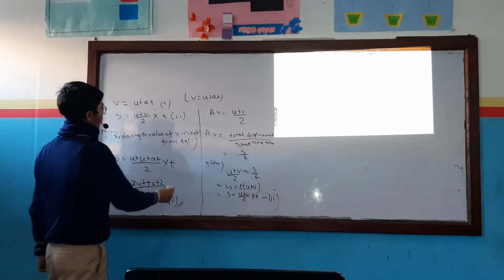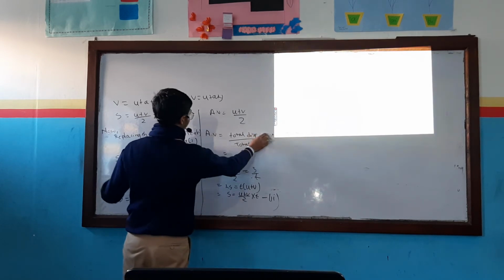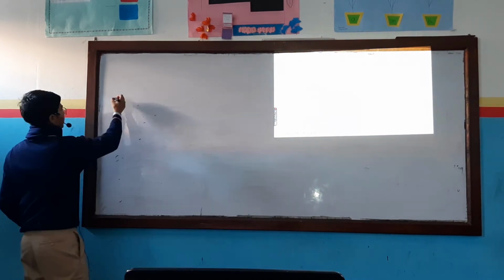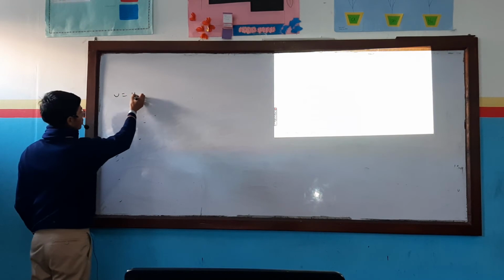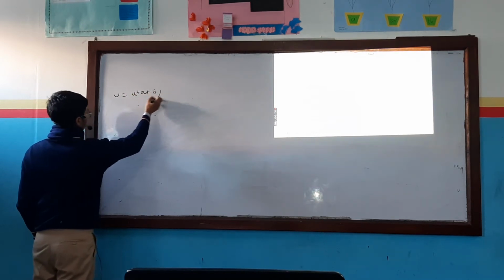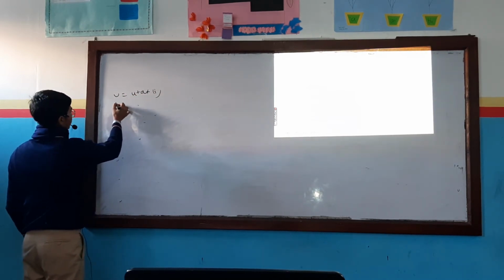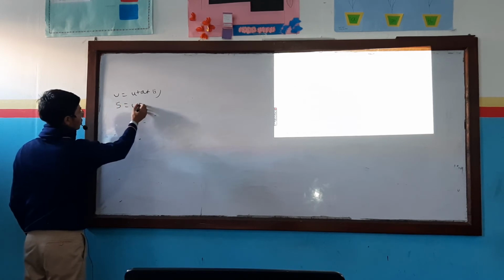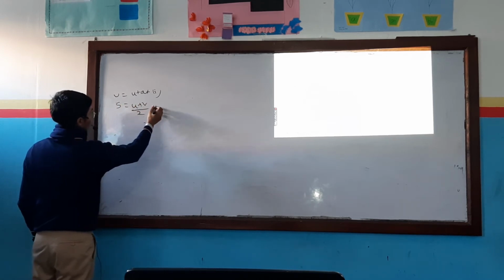Likewise, the fourth equation of motion is also derived from the second and the third one. From the first equation, v is equal to u plus at. This is equation first, and the equation second, s is equal to (u + v)/2 into t.